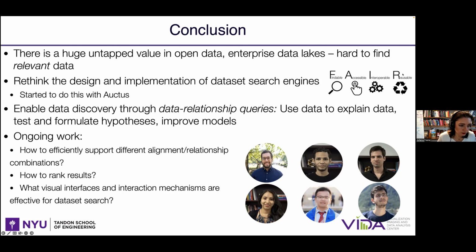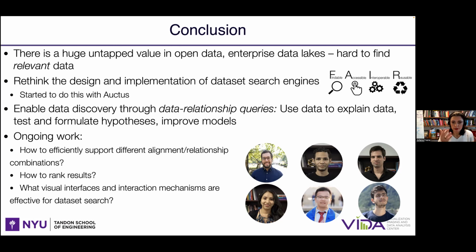I talked about some data relationship queries that we have worked on that can be useful to explain data, to test hypotheses, as well as to improve machine learning models. And there are a number of other problems that we're looking at right now.